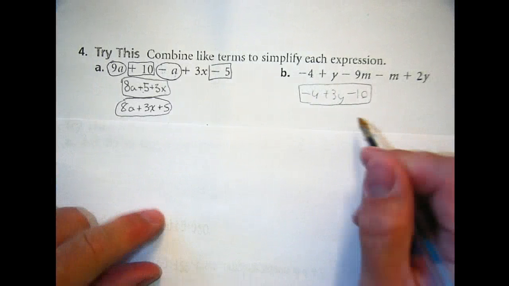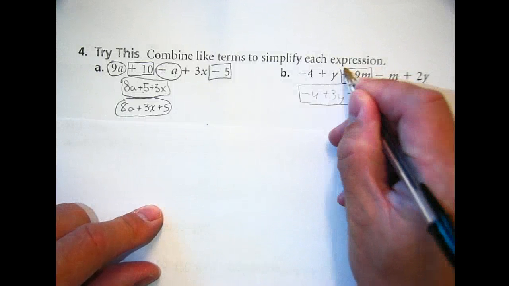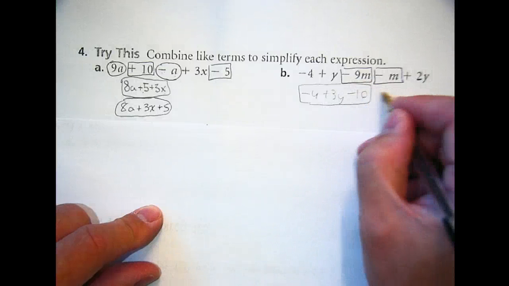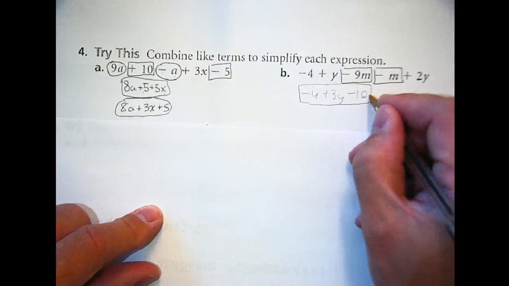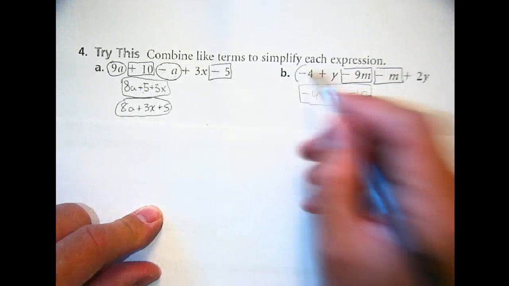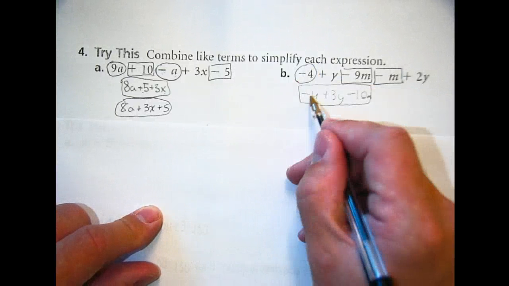Good. And we got Cole here, putting together the negative 9m and the negative m. Negative 9m minus m is negative 10m. I think that's what you meant right here, right, Cole? Okay, forgot the m. That's all right. We've got our negative 4 and nothing else. So just minus 4. Good.